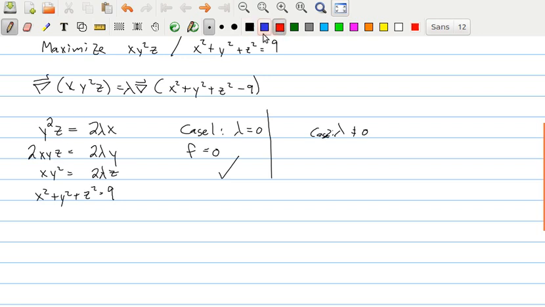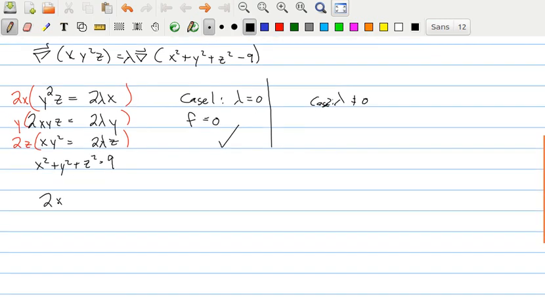So let's multiply the first equation by 2x, multiply the second equation by y, and multiply the third equation by 2z. That way, if we look at the left-hand sides, they'll all be 2xy squared z. So that lets us rewrite our first equation as 2xy squared z equals, on the right-hand side, 2 lambda x squared.